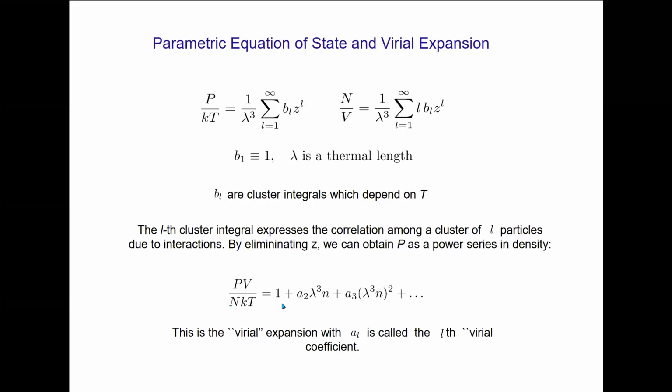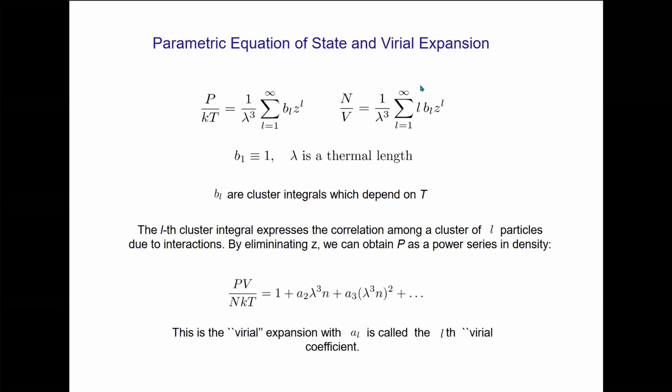When n goes to 0, this is the ideal gas law, and when n grows, we get the corrections in density of the system, and this series is infinite. The coefficients at each term here, A2, A3, are called cluster integrals and express correlations among a cluster of l particles due to interactions.